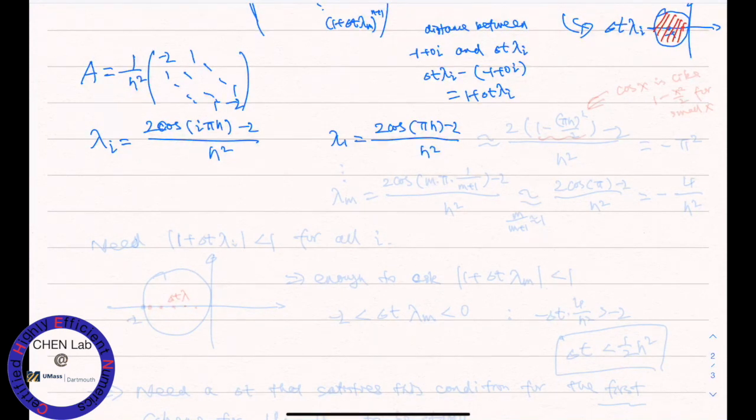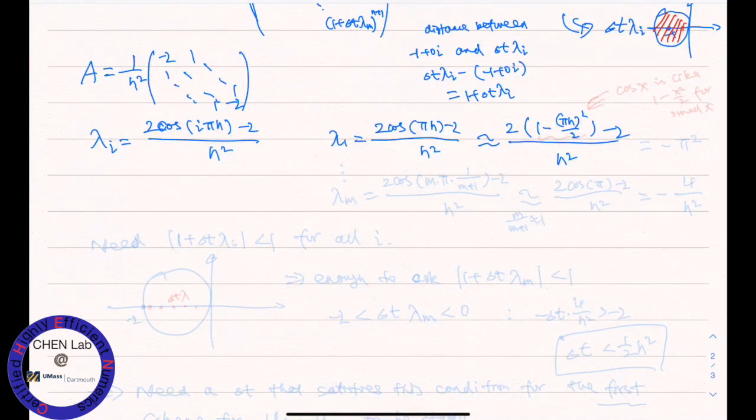Now when h is tiny, cosine pi h can be approximated by 1 minus pi h squared over 2, minus 2 divided by h squared.